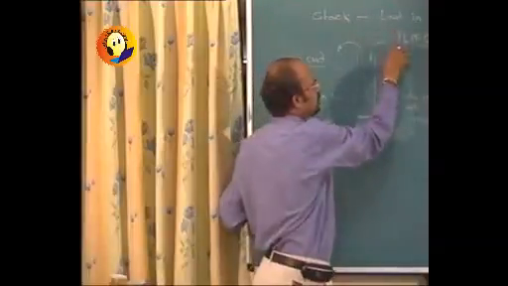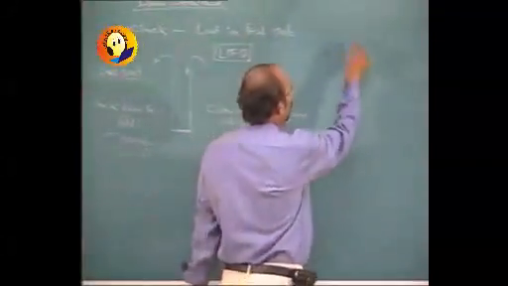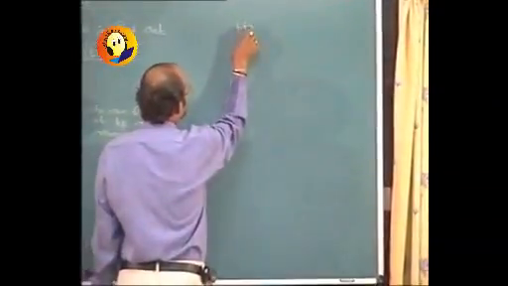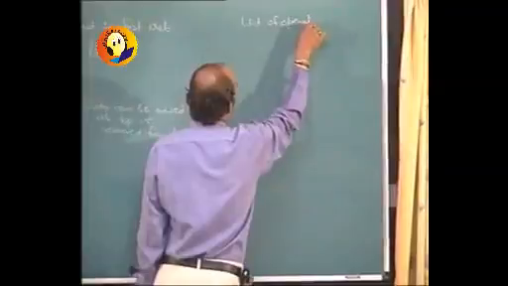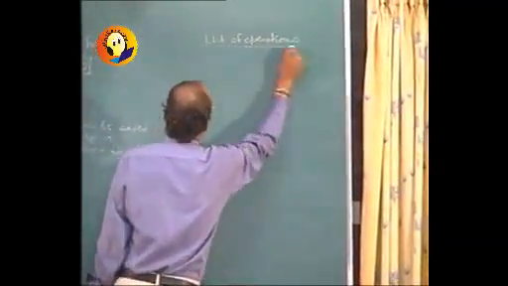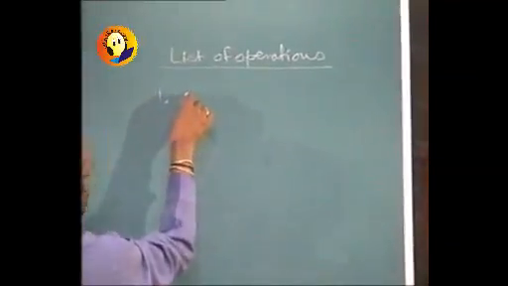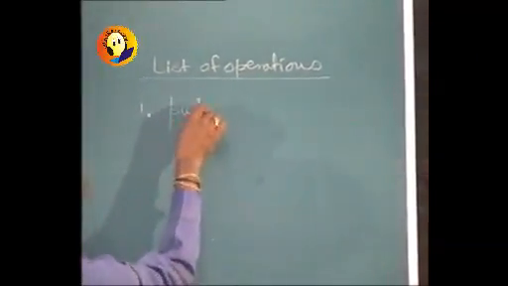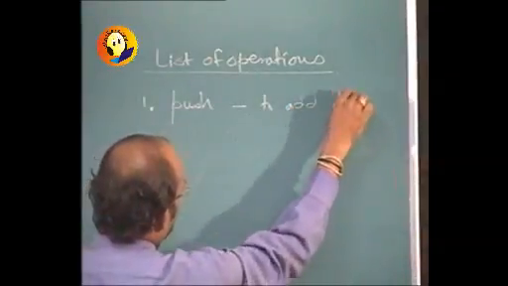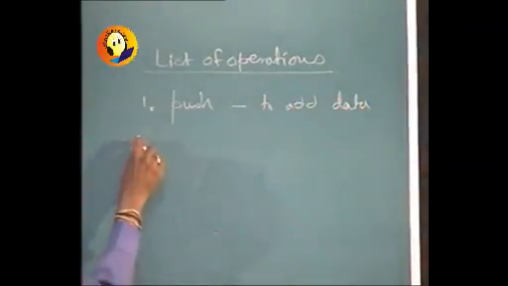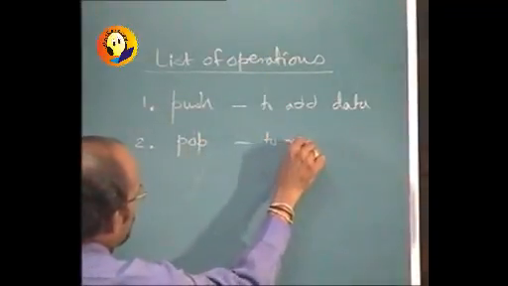This is the base, and we now list out the operations on the stack. One, we call it push, that is to add the data. Second one, pop, that is to remove the data.